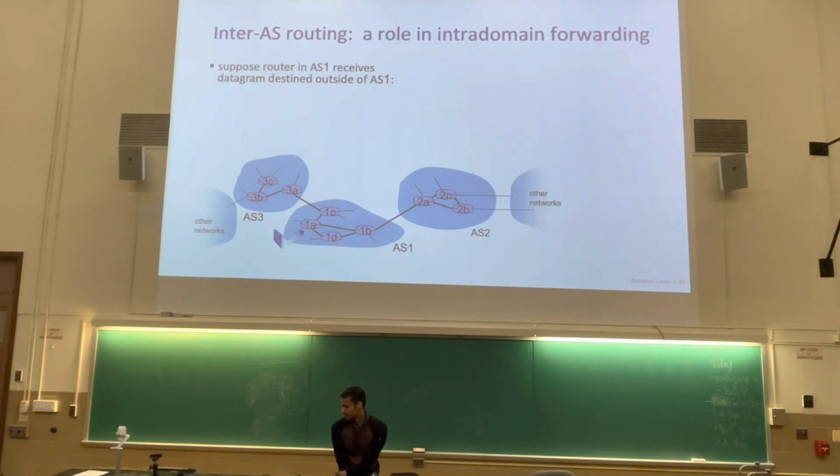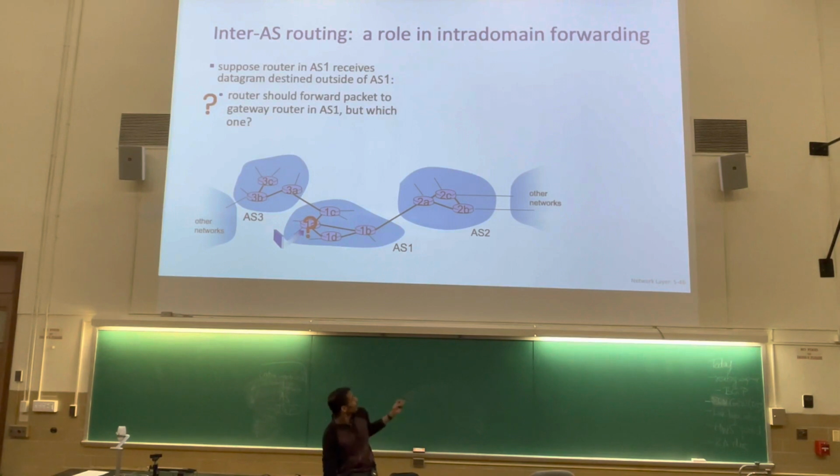In this example, suppose AS1, the middle AS, receives a datagram that's destined to some router outside of AS1. Okay, what is it going to do? This router knows that it should forward this packet to some border router in AS1.